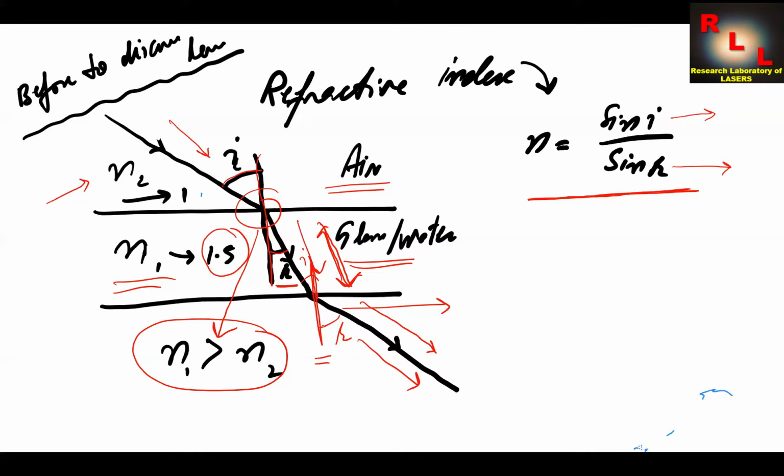Here, N1 is greater than N2, and let's suppose this one we can call N3. So this is air, and here N3 is less than N1.